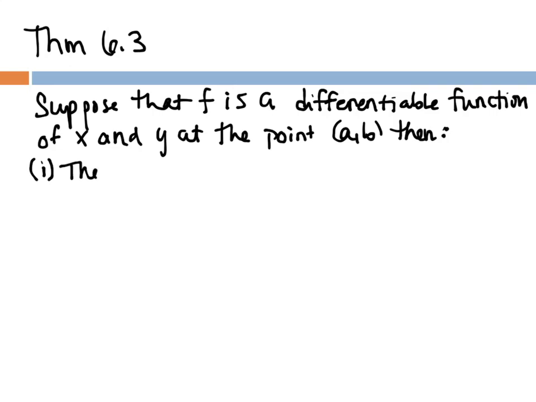So the maximum rate of change, ROC, rock, all right, rate of change of f at the point (a, b) is the magnitude of the gradient.